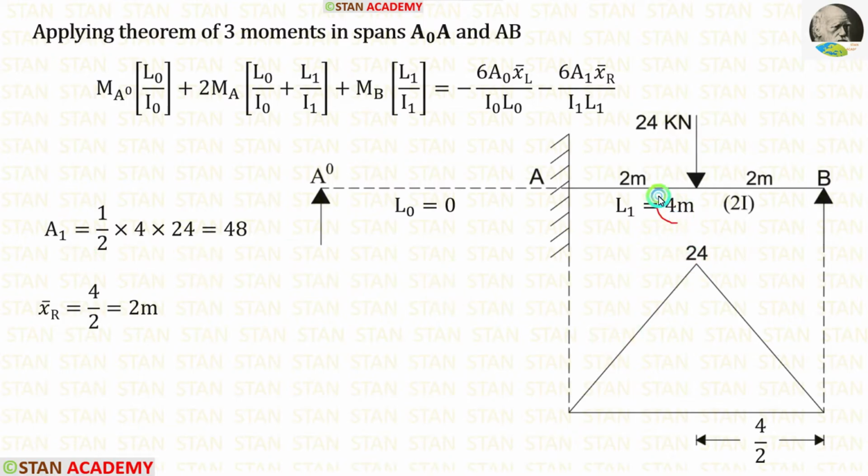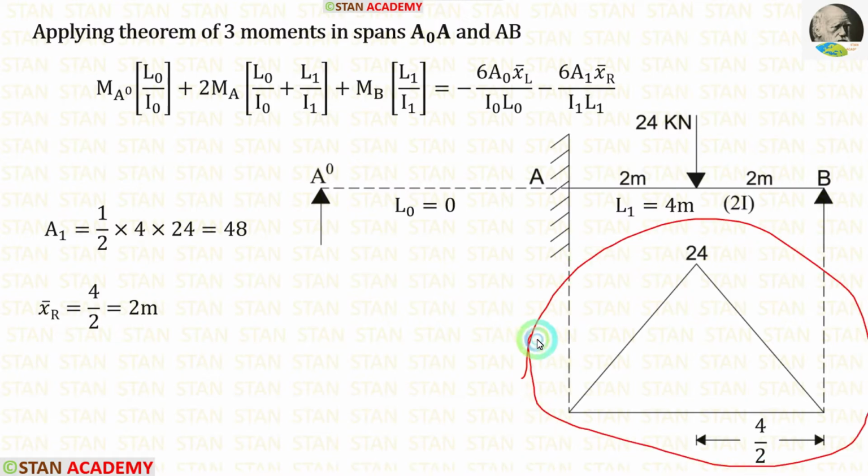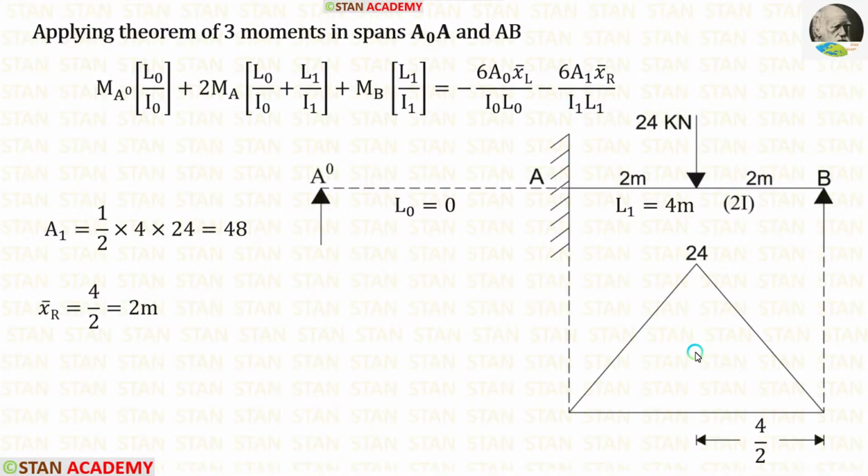Here the breadth is 4, height is 24. After applying in the formula, we are getting 48. This is a symmetrical triangle, so the centroid lies in the center. The distance between the centroid and the right is L by 2. Here L is 4 meter, so 4 upon 2. So for X bar right, we are getting 2 meter.